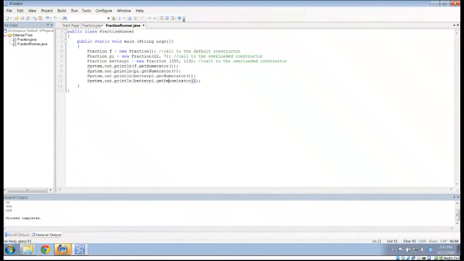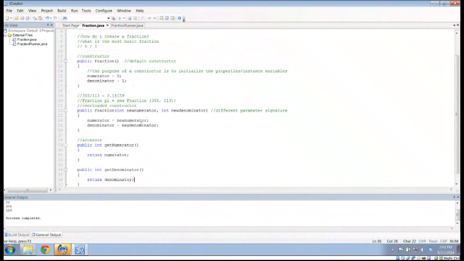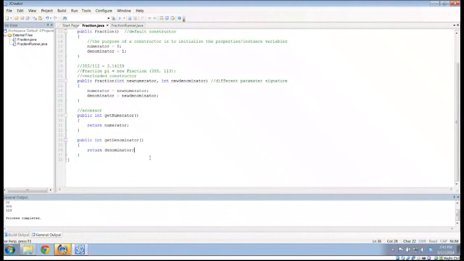There are two other accessors that I want to write. One is, because we're dealing with a fraction, it has a value.